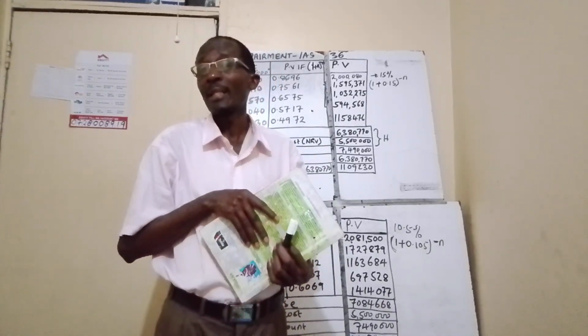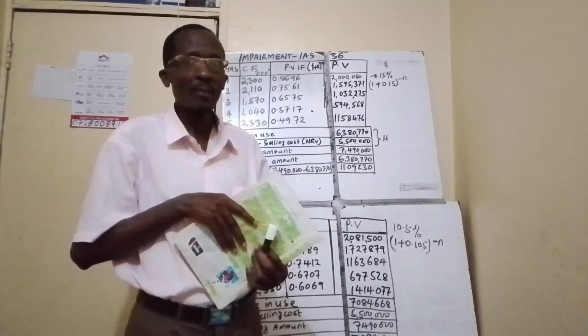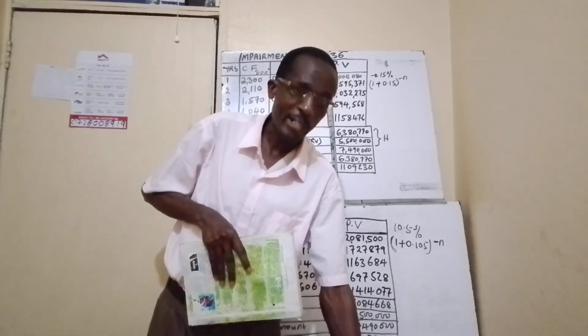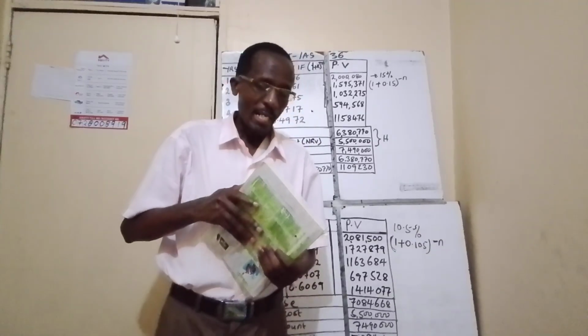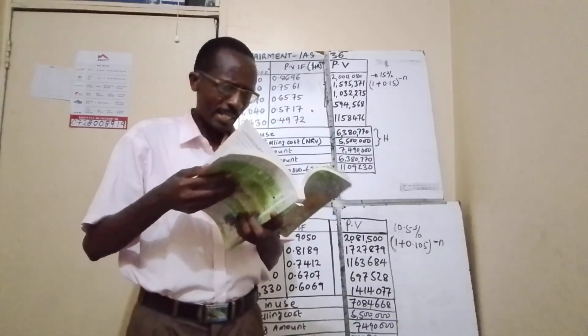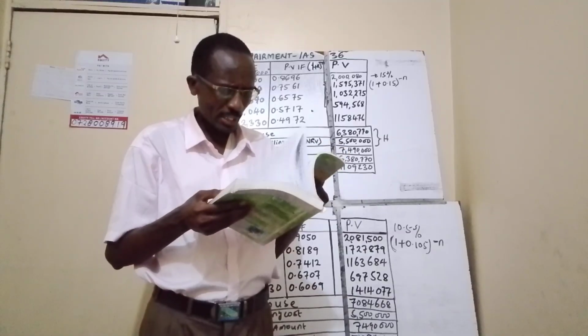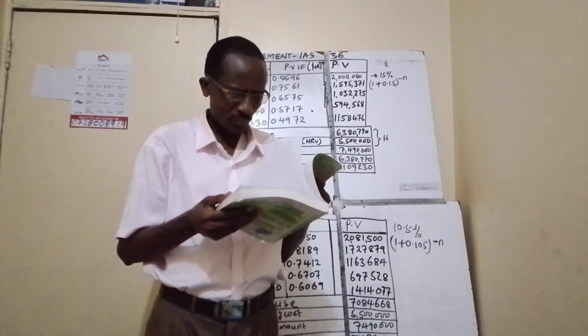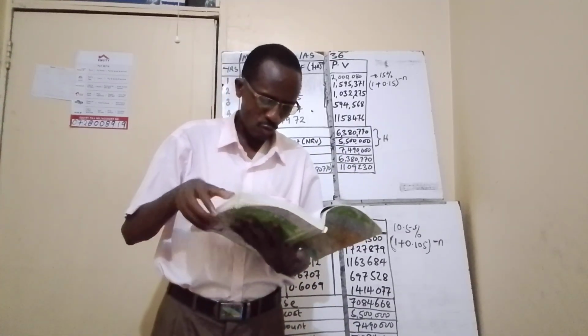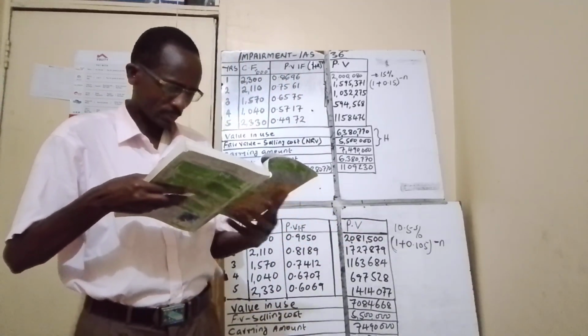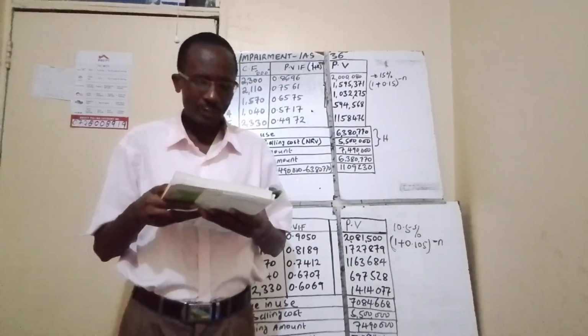So whatever we are doing here is based on a lot of research. So you are with the right people. So trust us. Now I want us to do an illustration here using one of our books to make our work easier.